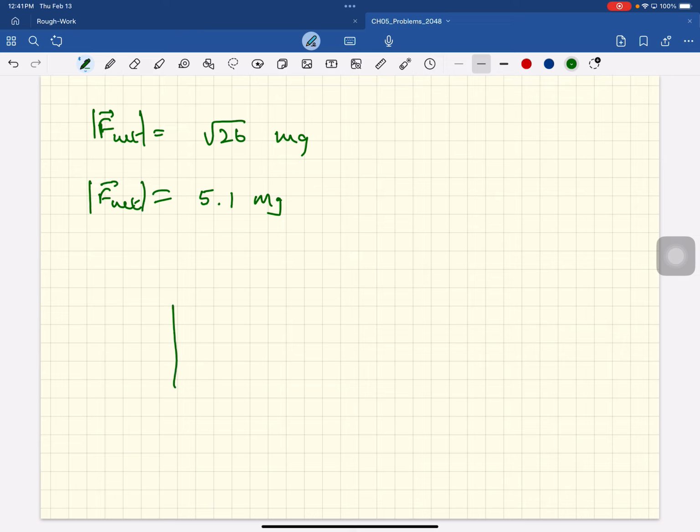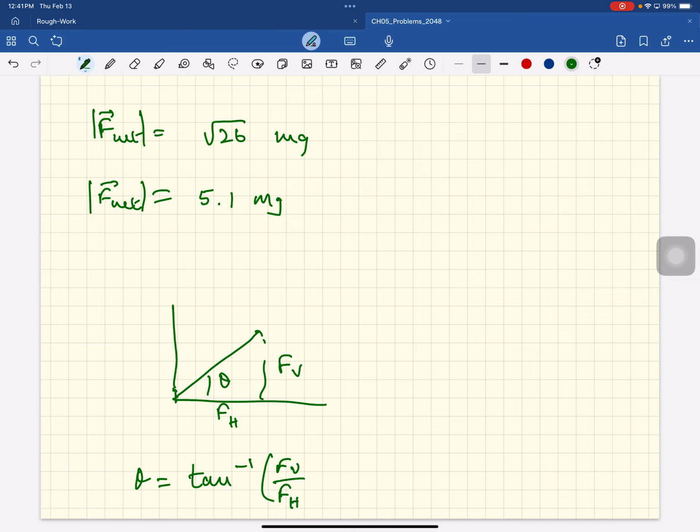And what is the direction of the force? Okay, so theta is tan inverse of the vertical force over the horizontal force. The vertical force was mg, the horizontal force was 5 mg.